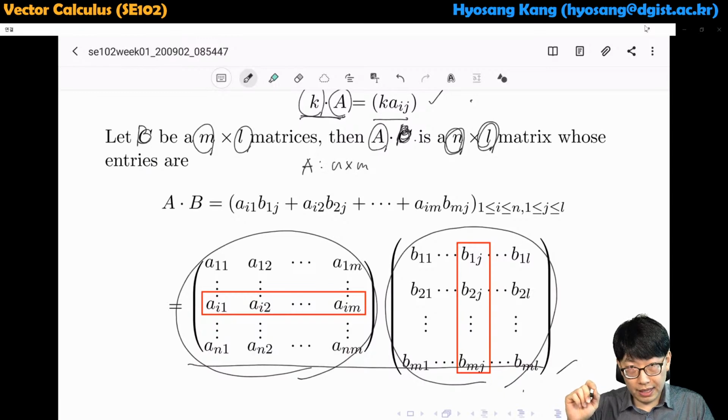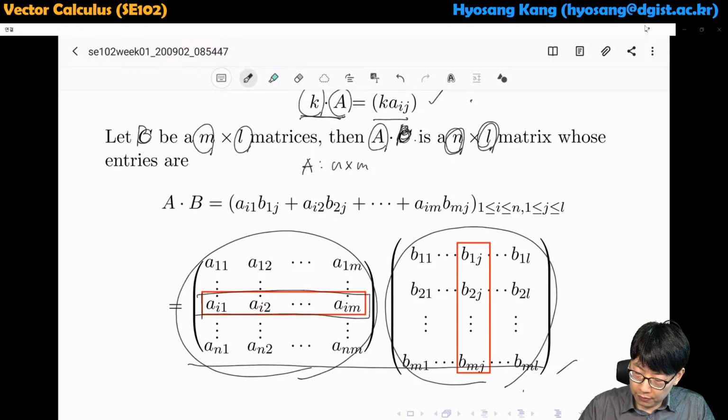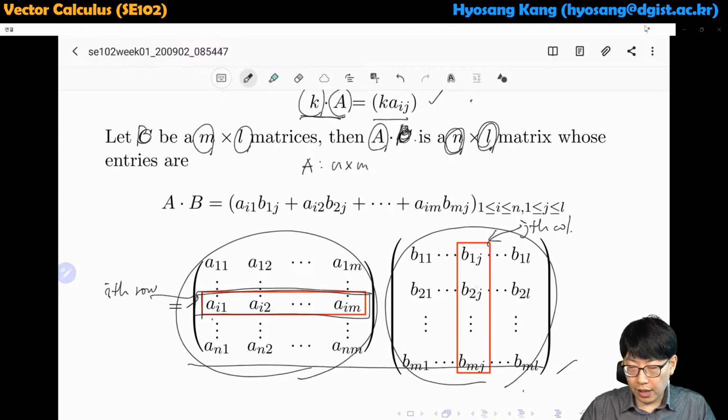If you want to pick the ith row and jth column entry of A times B, then you need to take the ith row of the first factor, and the jth column of the second factor, and then multiply side by side.